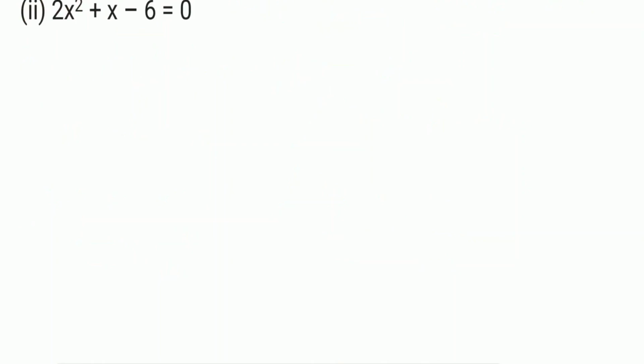Here, in this case, you're supposed to be little careful. This one, we are having here coefficient of x square. Now you will take coefficient of x square and this minus 6 and the product of them, it comes as minus 12. So product of two numbers supposed to be minus 12 and sum. Sum means what? Coefficient of x, which is 1. Sum should come as 1.